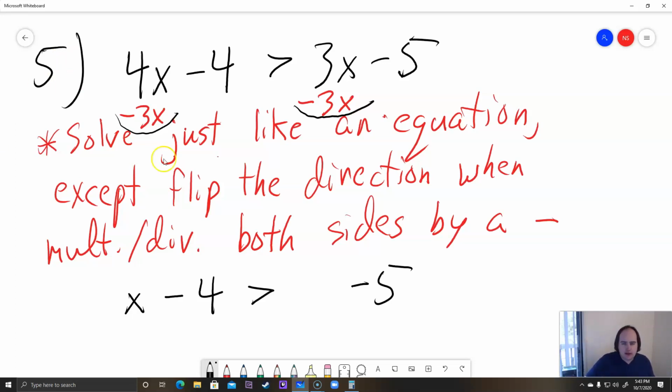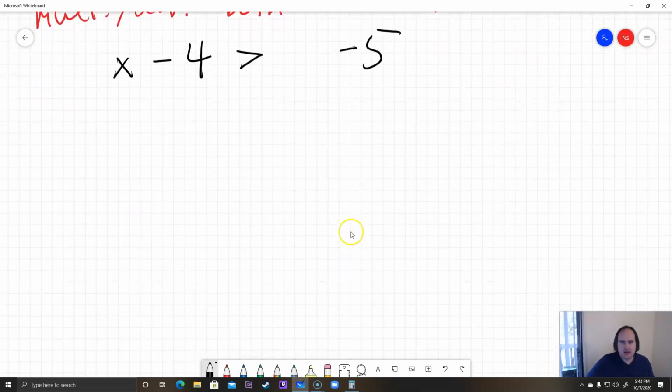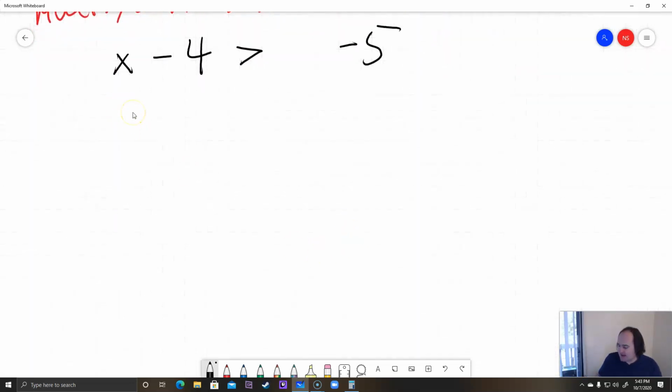But we still haven't isolated x. So here we have x minus 4 is greater than negative 5. So to finish isolating x, we have to get rid of the negative 4. So to get rid of the negative 4, we're going to have to add 4 to both sides. So I add 4 to both sides of this inequality.